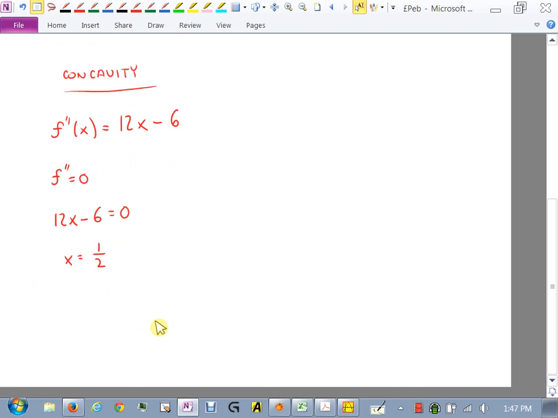Right? x is 1/2. Anywhere where the second derivative is undefined? Nope, right?